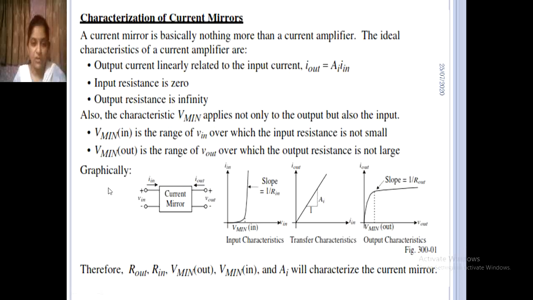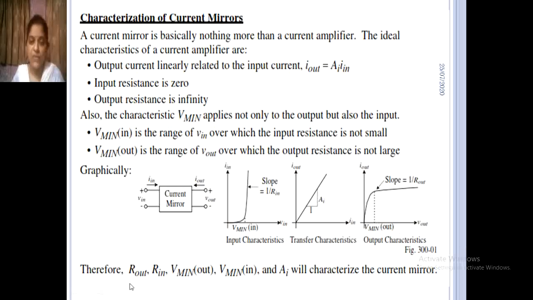Graphically, if you plot the current mirror, there is the input side and the output side. The input characteristic shows the slope where 1 upon R in gives the value, the transfer characteristic is I out by I in, that is the current gain, and the output characteristic is I out versus V out.